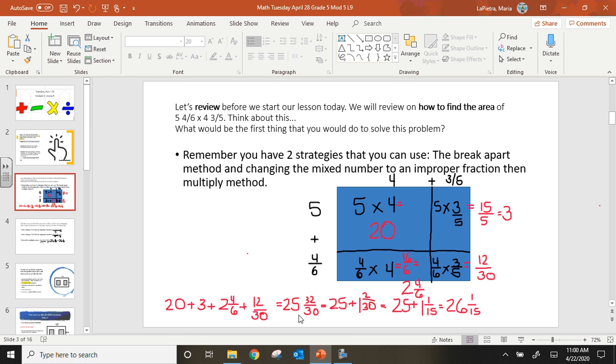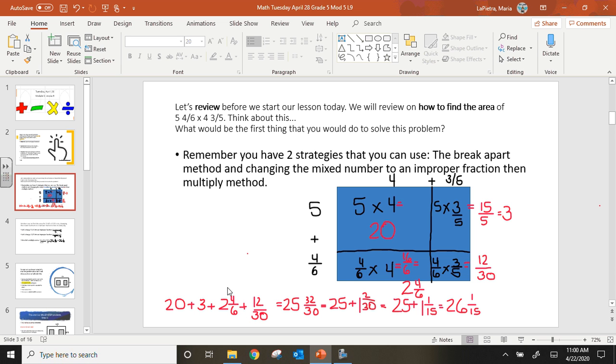That's going to equal 25 and 32 over 30. Don't forget I made my 4 over 6 into 20 over 30. 6 times 5 is 30. 4 times 5 is 20.